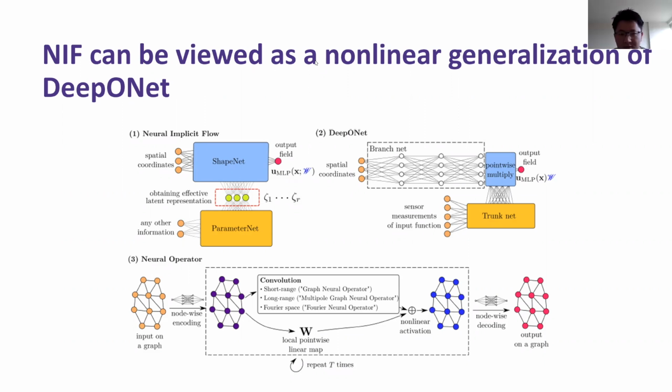If you change the boundary conditions, is the model still valid? That's a great question. I can put the information of the boundary condition into the ParameterNet as well, into the parameters. For example, the sensor values.